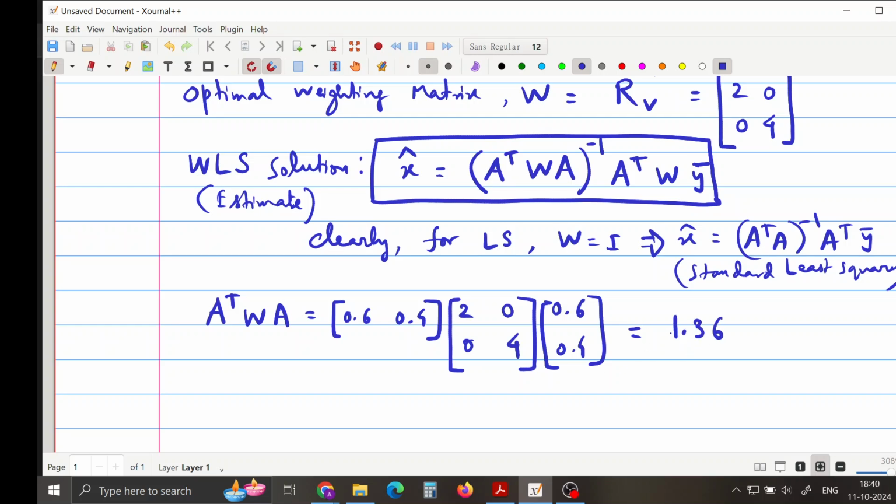It will be a scalar, because at the end of the day we are expecting x hat to be a scalar, because your original x which was transmitted was also a scalar. And it makes sense because this is 1 cross 2, this is 2 cross 2, this is 2 cross 1. If you multiply 2 cross 2 with 2 cross 1, you'll get a 2 cross 1, and if you multiply a 1 cross 2 with a 2 cross 1, you'll get a 1 cross 1 scalar, right?